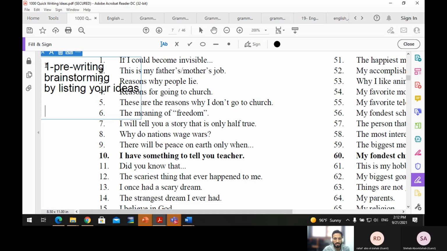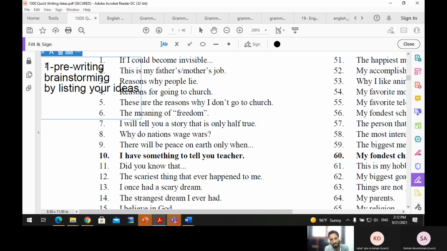write about more ideas. You have to think before writing. ليه؟ Because if you started with drafting, بدأت تكتب في الموضوع على طول, you will stop writing. So it's important to plan before writing in order to think of many ideas, so that you can write about many ideas.